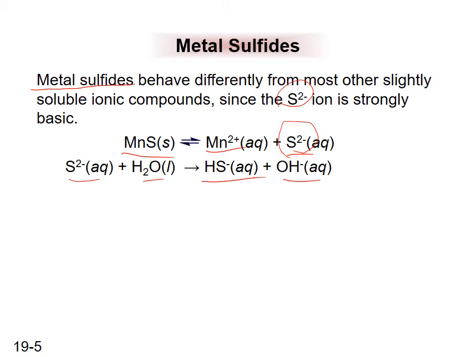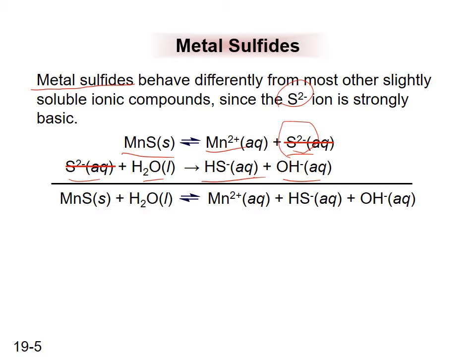All right, and then for the net reaction, you cancel the sulfide, and you get manganese sulfide plus water forms manganese ion plus hydrogen sulfide plus hydroxide ion. Okay, so what is Ksp?